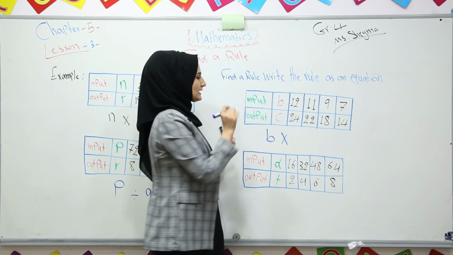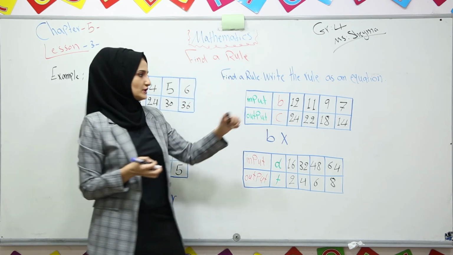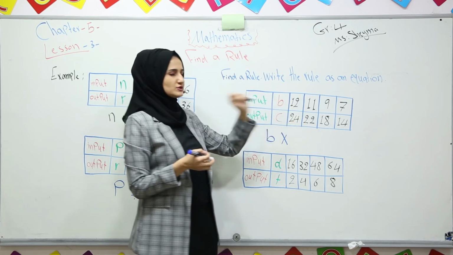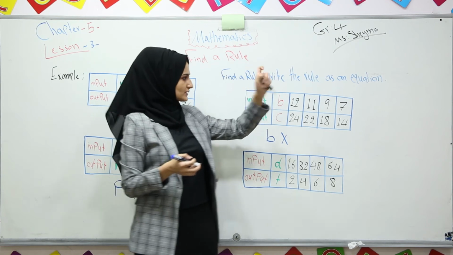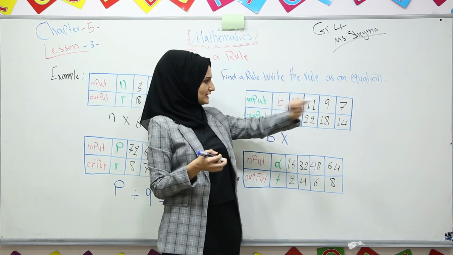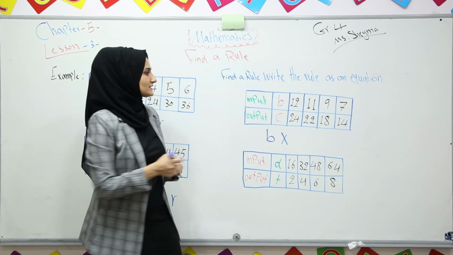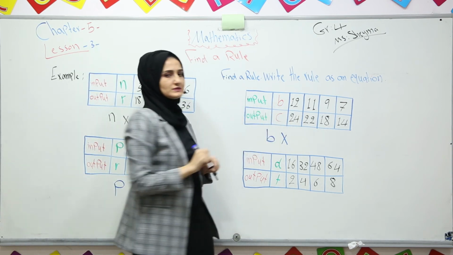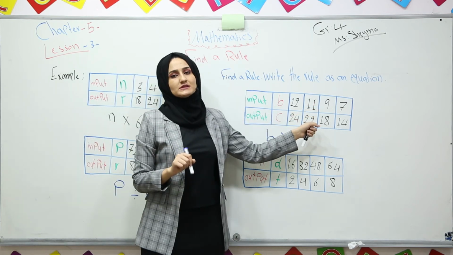Times what? Let's think again together. 12 times which number is 24? 11 times which number is 22? 9 times which number is 18? 7 times which number is 14? I think 12 times 2 is equal to 24. That's right. 11 times 2 is equal to 22.